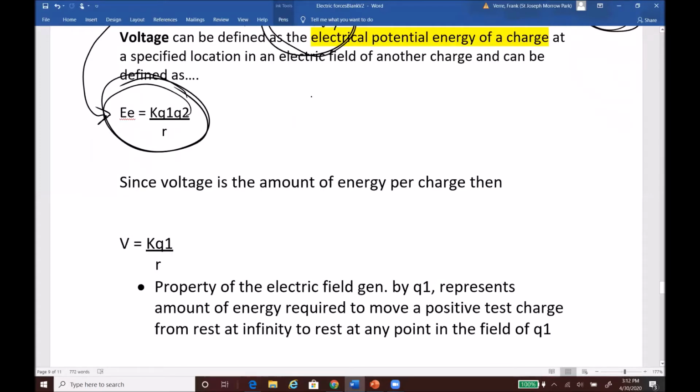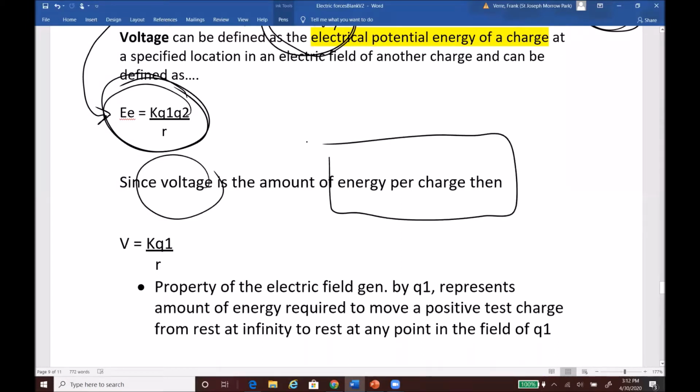We can also use this to define voltage, because voltage is defined as the amount of energy per unit charge. Since it's per unit charge, that would be basically dividing this equation by some charge, which means you're left with this. This is the formula for voltage, which is represented by some point charge we'll call Q1.